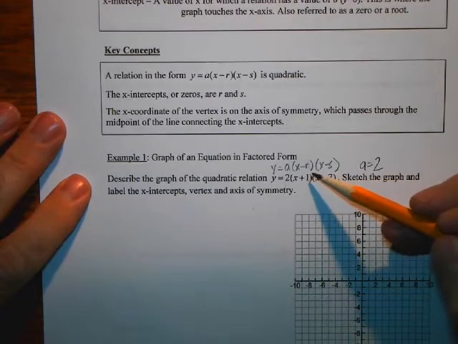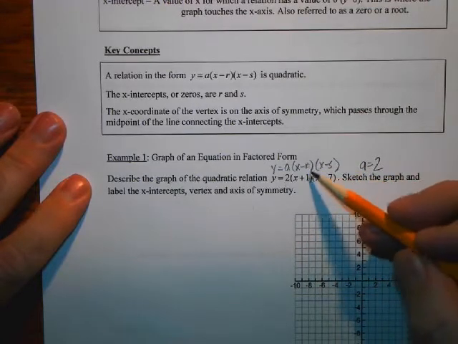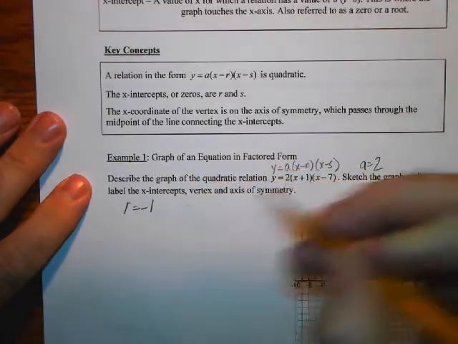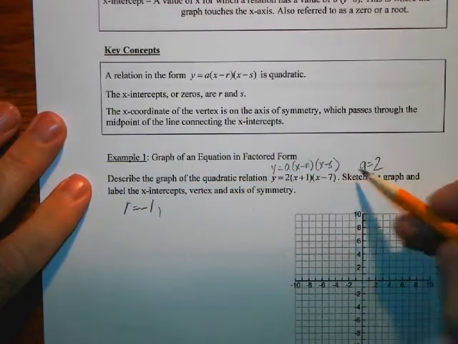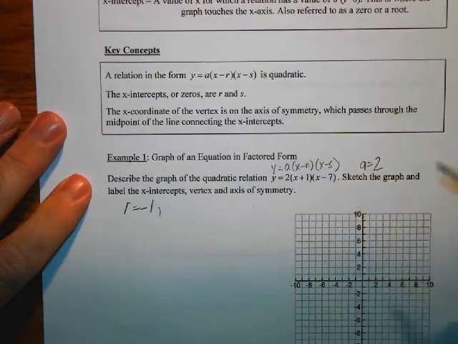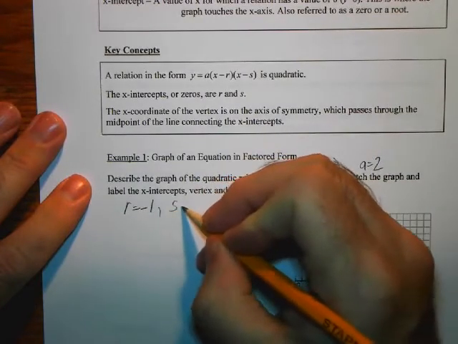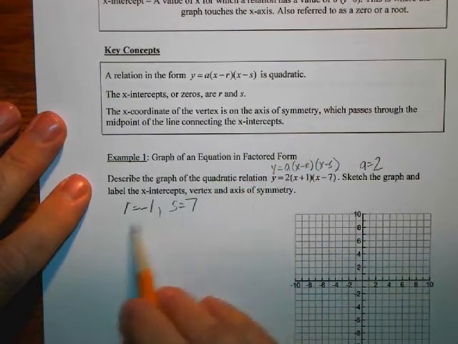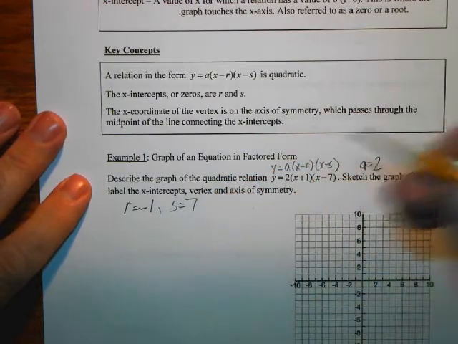When you're looking for your h value, you just take the opposite sign of that number. So in this case, r would be -1, and s would be, in this case, it's not -7, it's +7. So remember that those values are the x-intercepts.